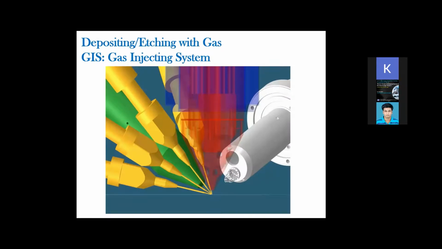Now, as I have told, apart from the milling, you have a gas injection system which helps you in deposition. So you have to have a gas injection system apart from the ion column, and that I have shown earlier in a schematic, that you can have an OmniProbe, you can have a GIS or gas injection system.